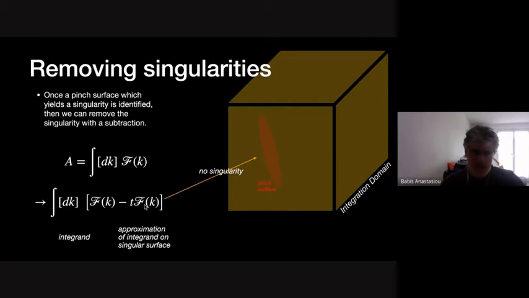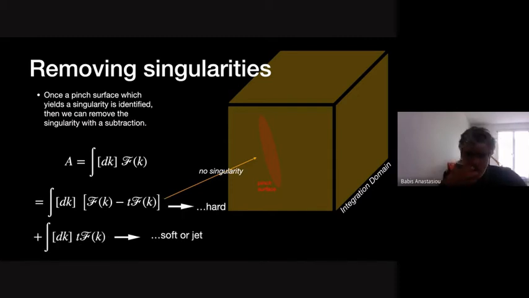It's a simple subtraction. This combination now is free of the singularity. But of course, you cannot throw away what you took out. You have to integrate it again somewhere separately. And this separation is what really gives rise at the end to hard, soft, and jet functions.